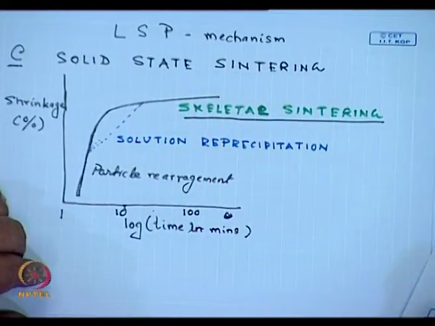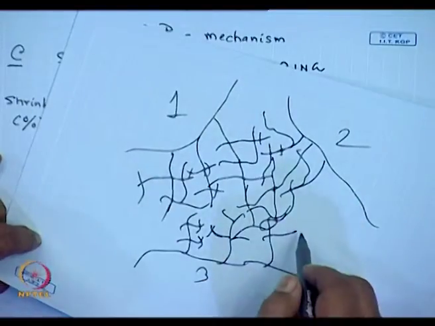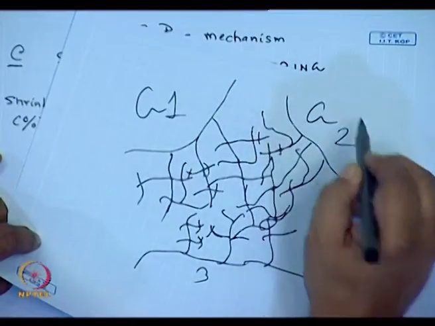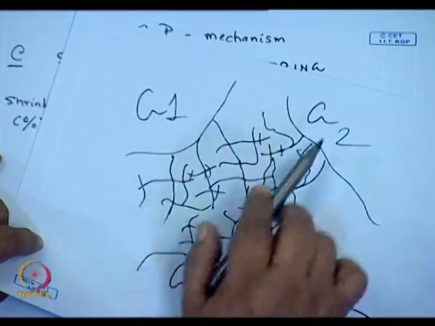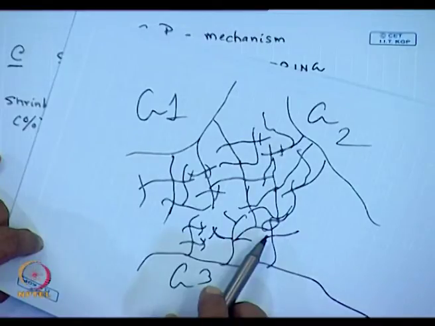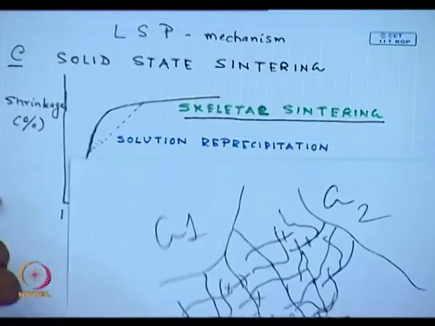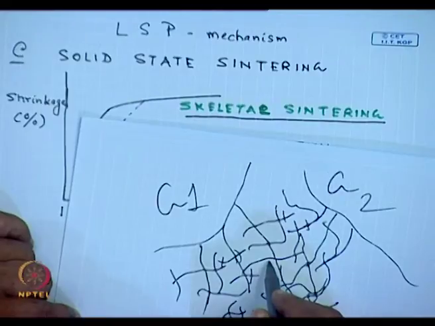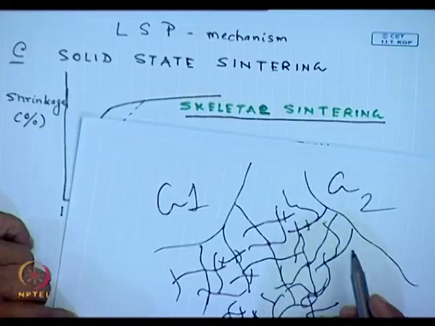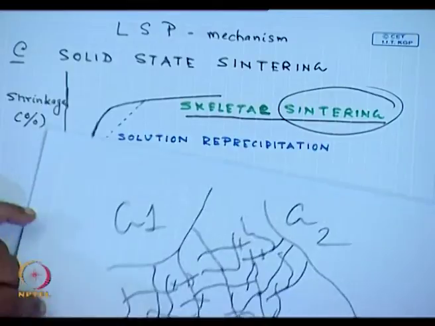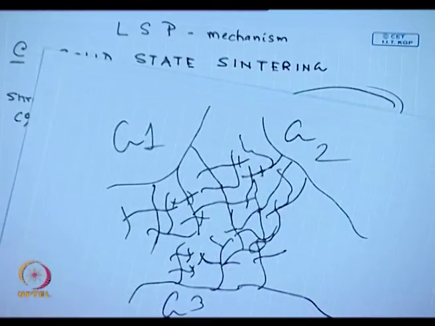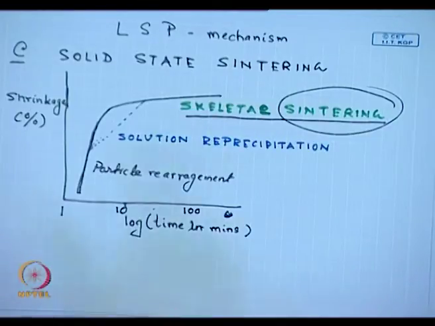So, in this particular case, we have a skeleton. This is grain 1, grain 2, grain 3, liquid phase with skeletons of reprecipitated material, and these reprecipitated grains which are dendritic in nature, which interlock, they sinter. Leading to very high densification.